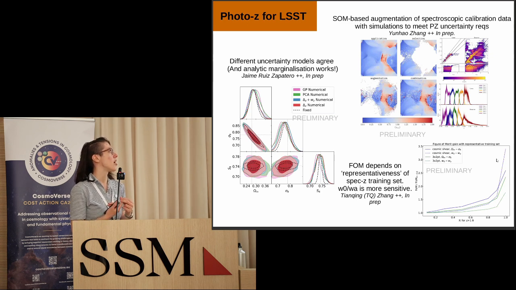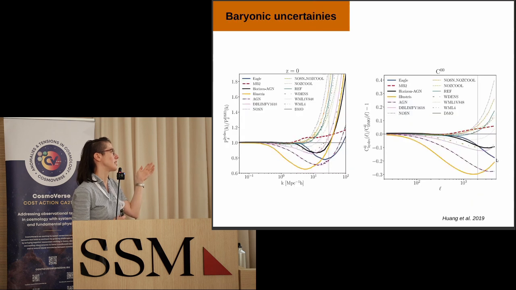You can also try to model using methods like Gaussian process or PCA. And this is using simulated data. Jaime Ruiz Zapatero is looking at these different methods. And this is preliminary, but what's being found is that on simulations, it looks like these methods are all agreeing.